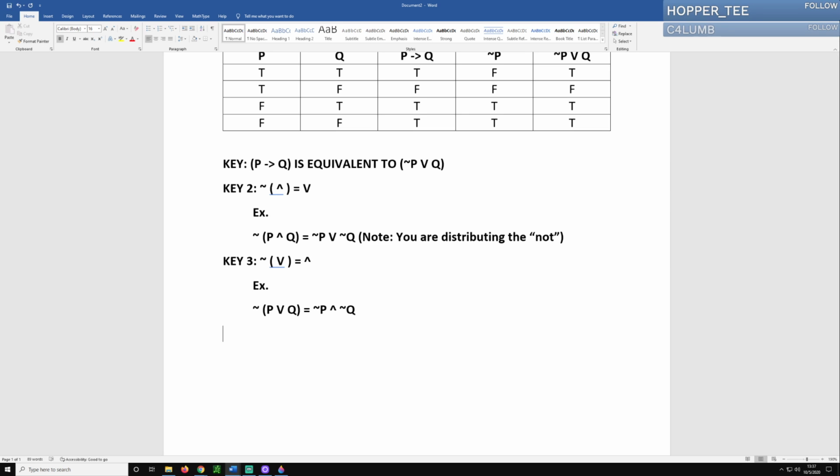Let's think of it this way. Let's look at key number 4 here and see if you guys can pick up where we're going with this. Hopefully you have already.